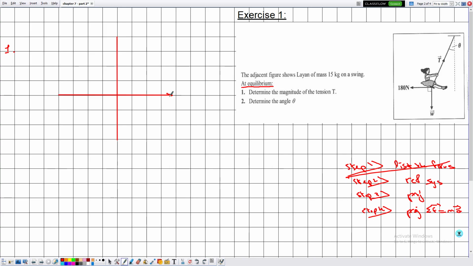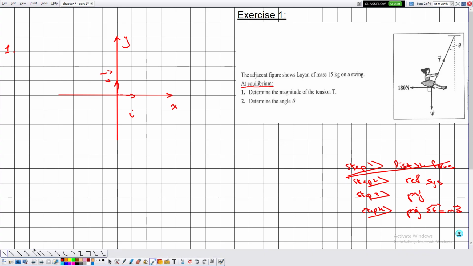So this is x, and this is y. This is the unit vector i, and this is the unit vector j. Here we have a dotted line like this, and this is the tension T vector along the rope on which the lion is swinging.